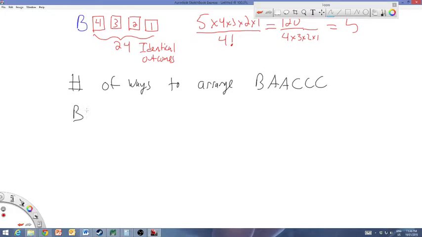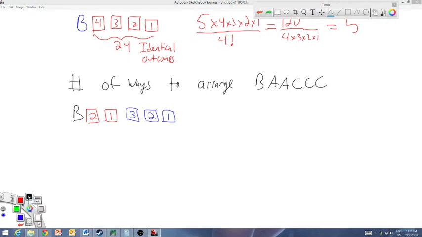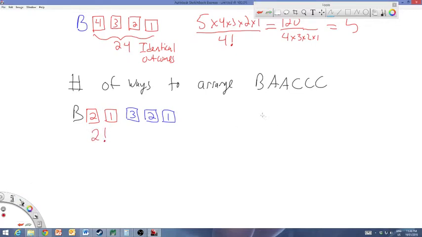How many ways can I arrange the A's? I can pick 2 A's for the first one, and the second one I can pick 1 A. How many ways can I arrange the C's? There's 3 C's to pick from first, and 2 C's after that, and 1 C after that. So the A's give me 2 factorial identical outcomes, and the C's will give me 3 factorial identical outcomes.